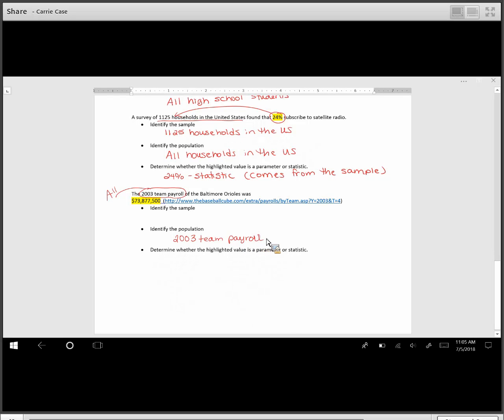So there is no sample here. And then we're asked to determine if this highlighted value, the 73 million and change, is a parameter or a statistic. So that $73,877,500 is a parameter. And that's because it's coming from the population.